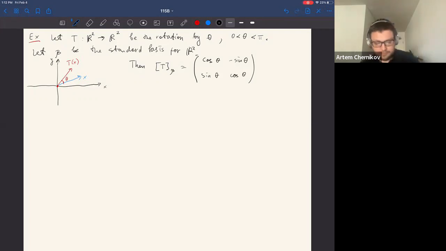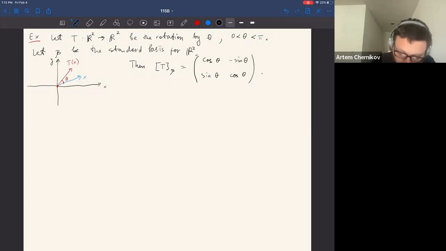If you look at what happens to the coordinates of a vector when you multiply by this, you will see it corresponds exactly to rotating by theta. So this is the matrix.